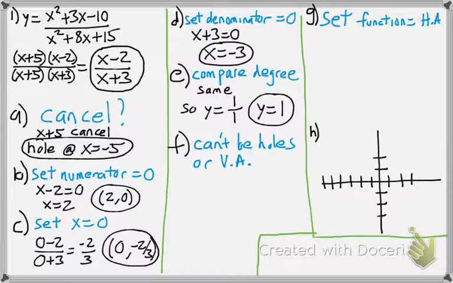So I'm going to start at negative infinity, work my way up to negative 5, put a parenthesis, put a union, work my way from negative 5 to negative 3, put parentheses and a union, and then work my way from negative 3 to positive infinity. And this would be the domain of the function.